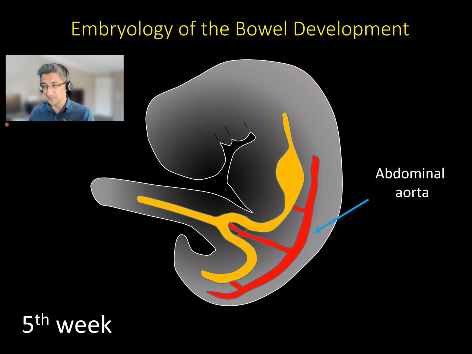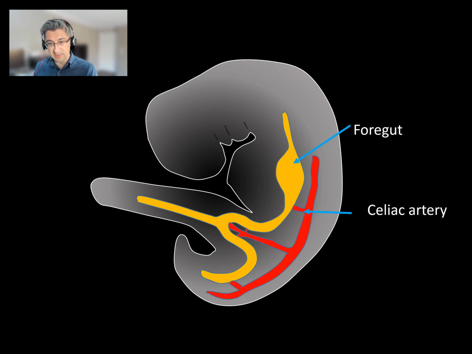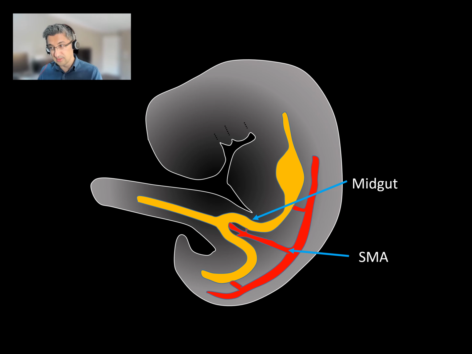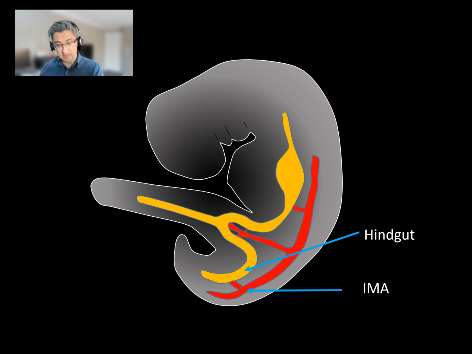This is a brief overview of the embryologic rotation of the midgut. Arterial blood to the gut tube is supplied by the abdominal aorta. This is around the fifth week of gestational life, and the gut tube is composed of foregut with blood supplied from the celiac artery, midgut, with blood supplied from the superior mesenteric artery, and the hindgut with blood supplied from the inferior mesenteric artery.